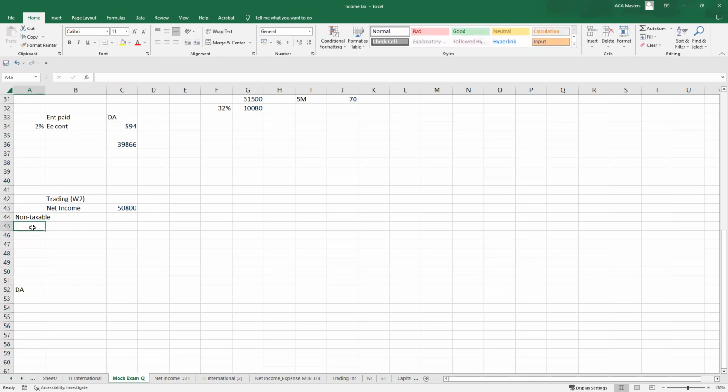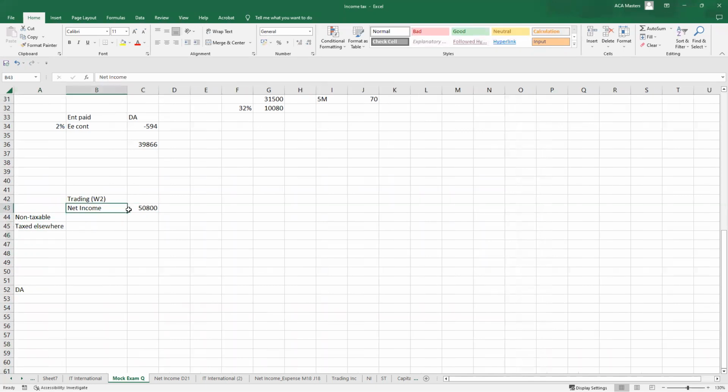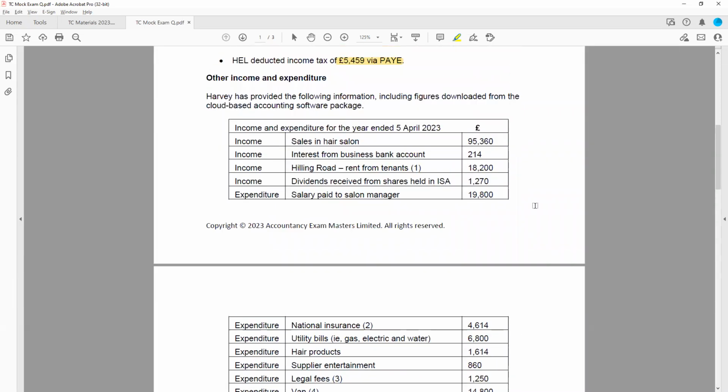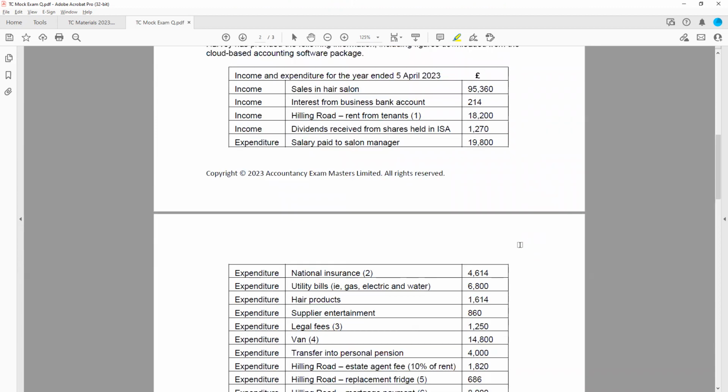So non-taxable or taxed elsewhere, so things like the interest income. Obviously, what we're doing here is we're starting off with everything included. So if it isn't an allowable expense, you have to add it back. Or if it isn't taxable, you need to deduct it.